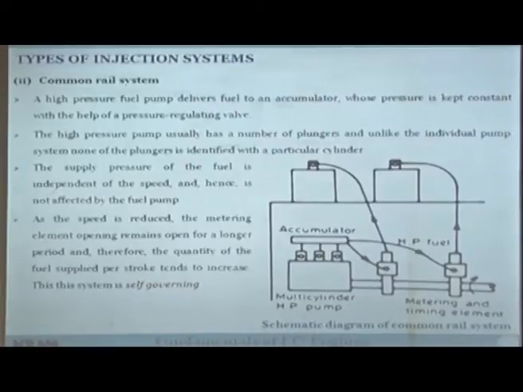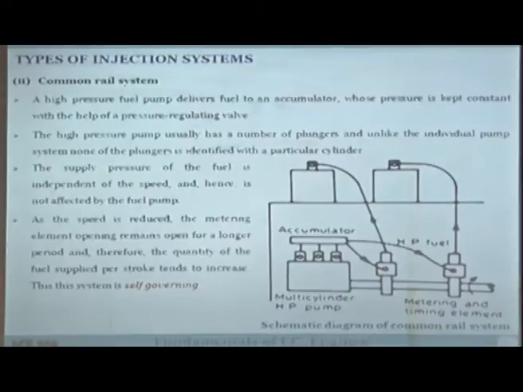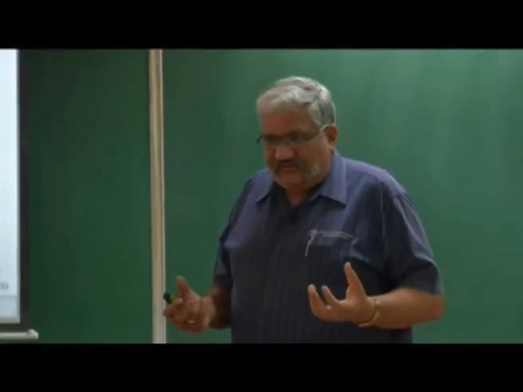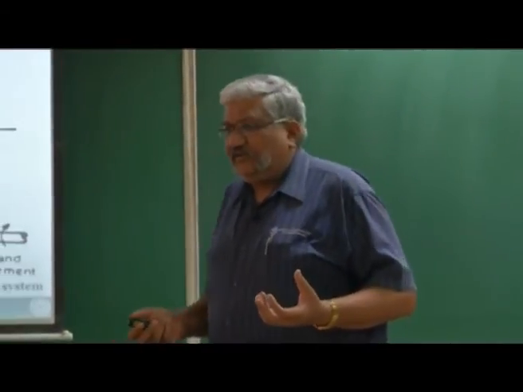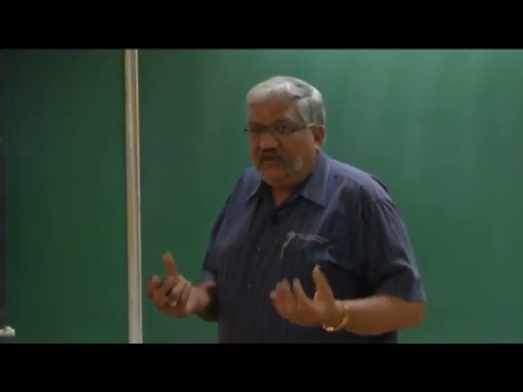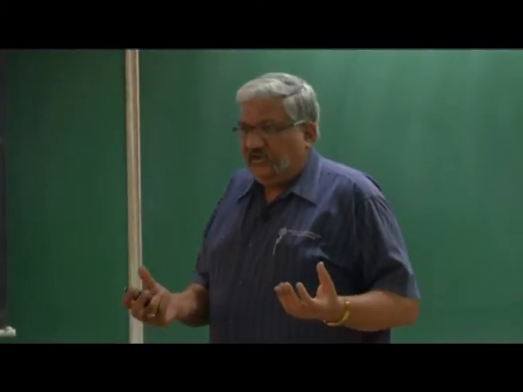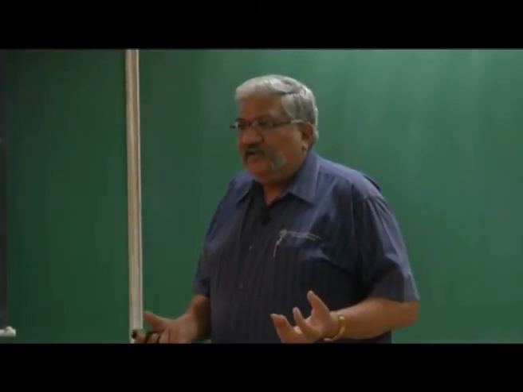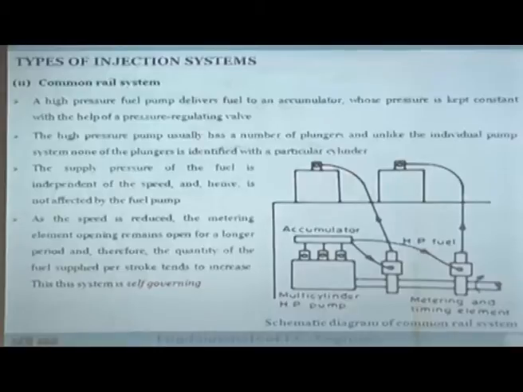It is a very solid tank which can hold a significant quantity of fuel at very high pressure, the same pressure at which you want to inject the fuel. So, if you are injecting the fuel at 1000 bar, this accumulator can store say about 100 or 200 ml of fuel at 1000 bar.